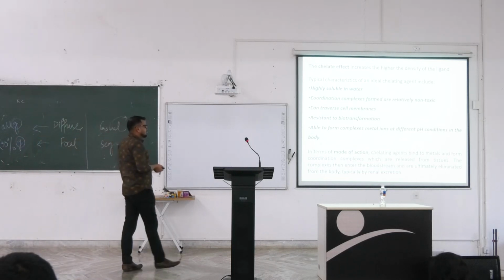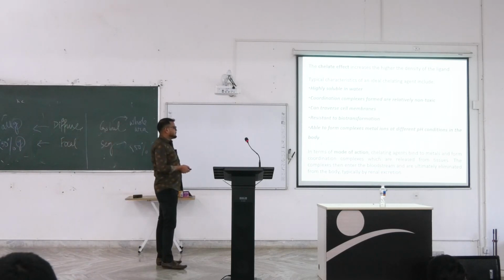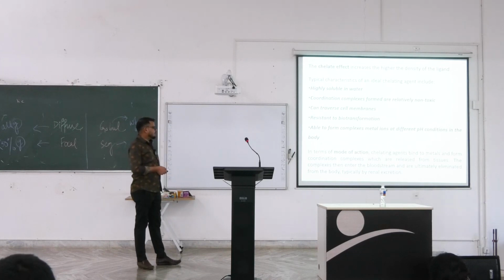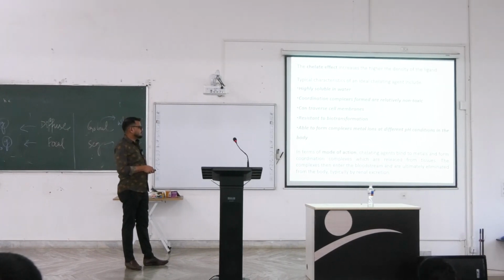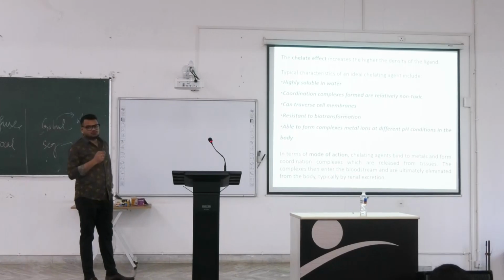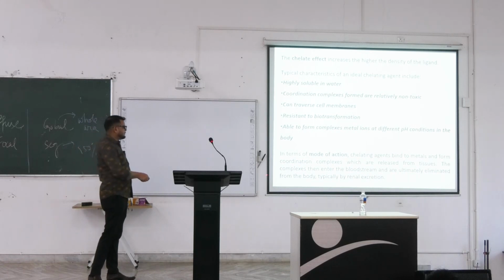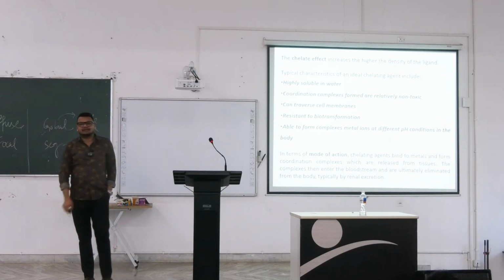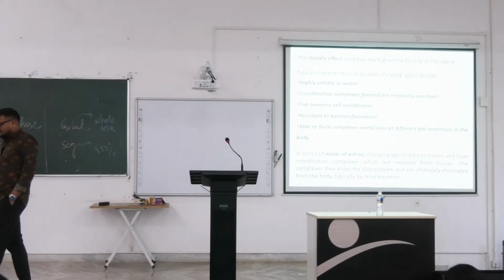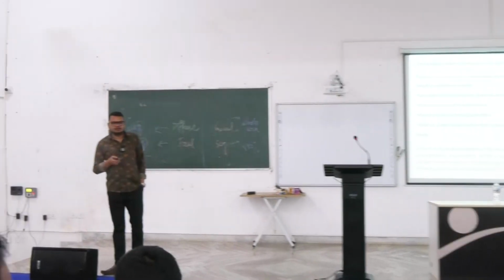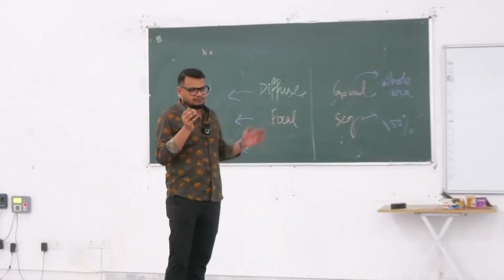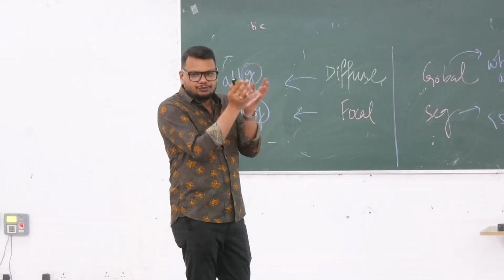In terms of mode of action, chelating agents bind to metals and form coordination complexes which are released from tissues. The complexes then enter the bloodstream and are ultimately eliminated from the body, typically by renal excretion. So a chelating agent must be water soluble and it must form a complex with the metal.